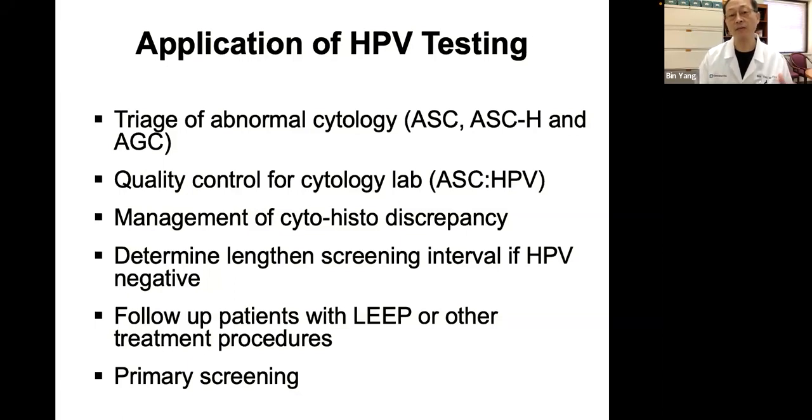Clinically, HPV negative or positive, along with cervical cytology, will determine the length of screening intervals for different populations of women with different risk factors. HPV 16, 18 genotyping becomes very important for women following the LEEP procedure. Of course, many areas already consider HPV testing as primary screening.